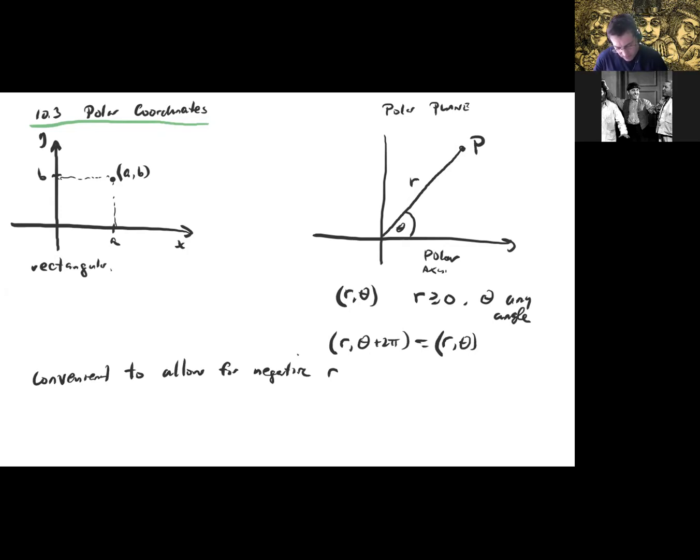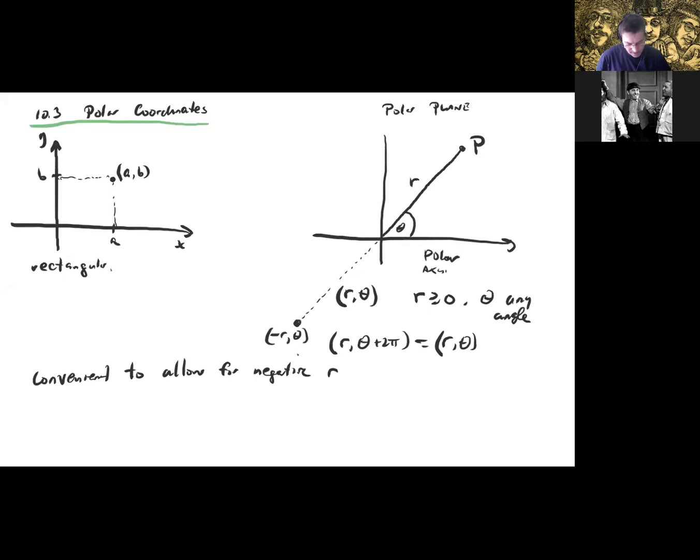Well, suppose I were to flip this segment over through the origin, then we're going to interpret this point here as being minus r comma theta. So that is the point that is diametrically opposite to the point P.